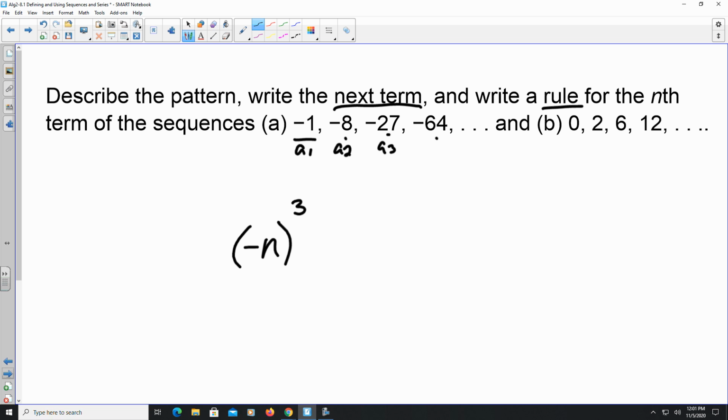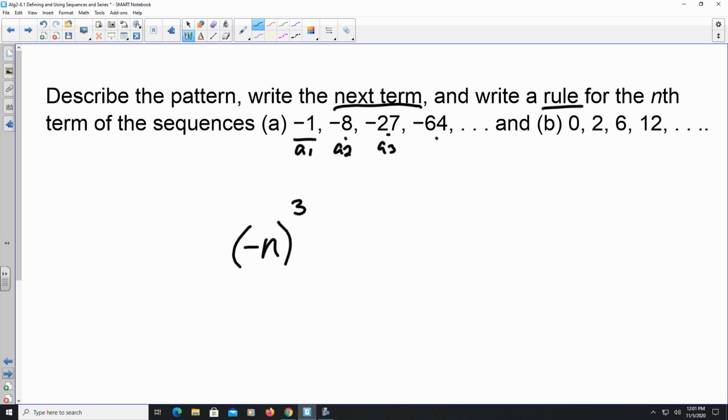What I would like you to do is make sure that it is in fact consistent with what you wrote down. So if I put -2, raise it to the third power, I get -8. If I went -3, raise that to the third power, I get -27. -4, raise that to the third power, I get -64. So I am consistent throughout the entire sequence of values that were given to us.